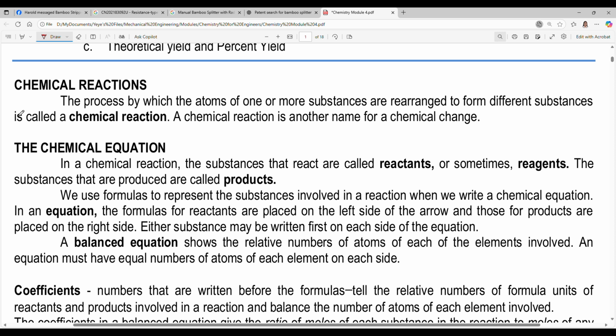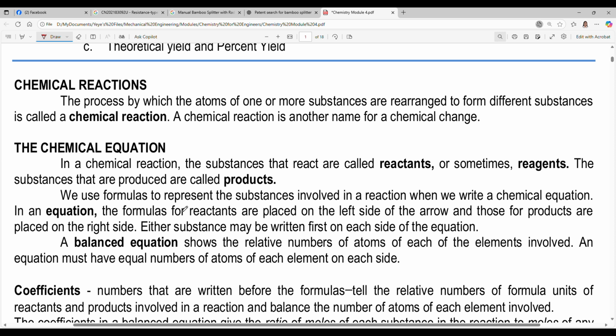An equation must have equal numbers of atoms of each element on each side for it to be considered a balanced equation. Again, the number of atoms of each element on both sides should be equal for us to consider that chemical equation balanced.